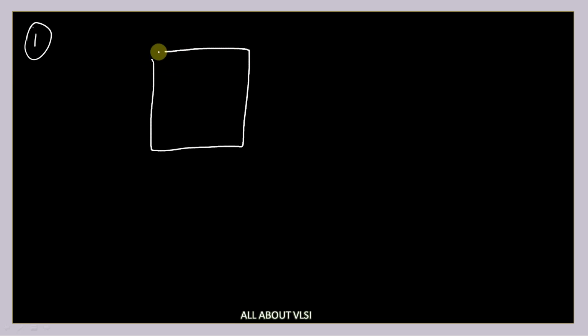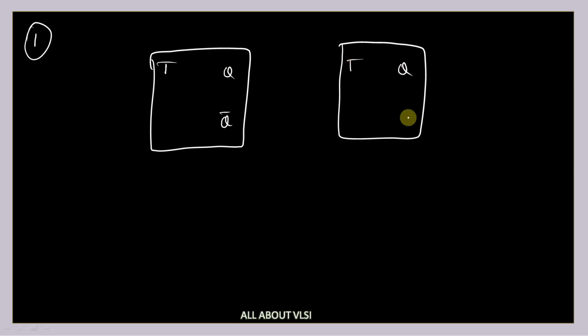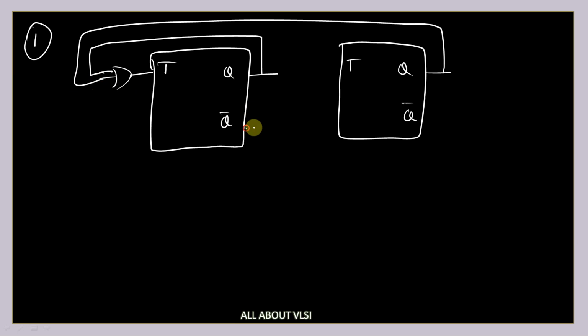So this is my T flip-flop, and this is my Q bar, T, Q, Q bar. And this is my OR gate, and this output is given to the input of this OR gate, and one more output is given to this, and this Q bar is given here.